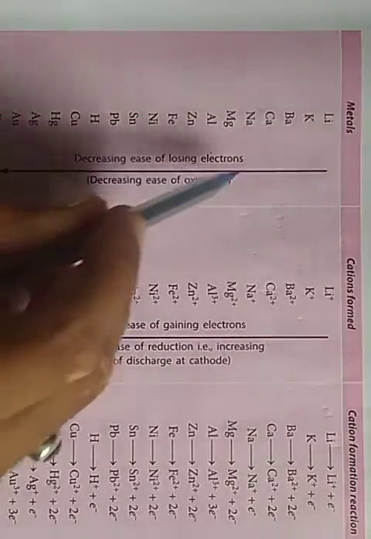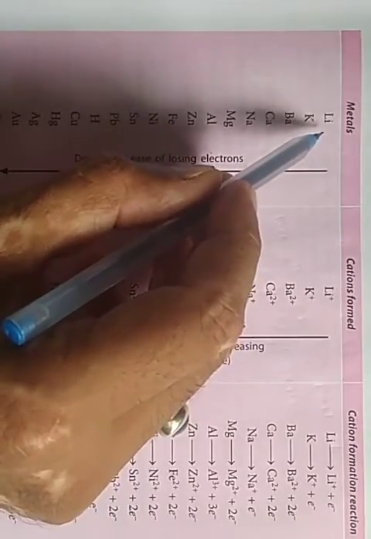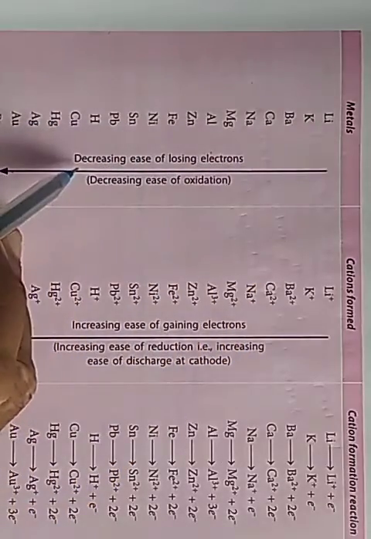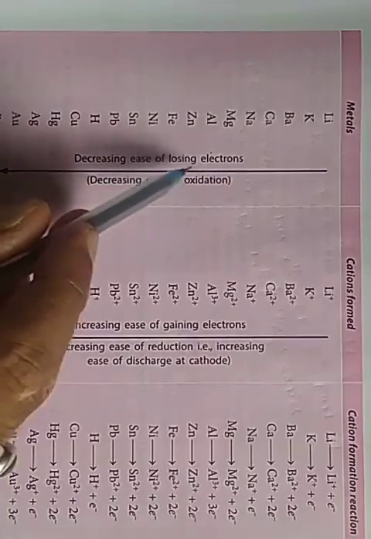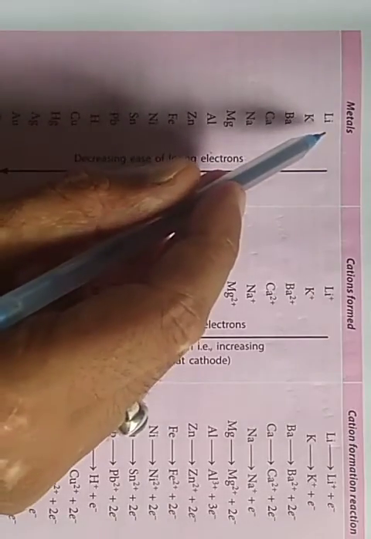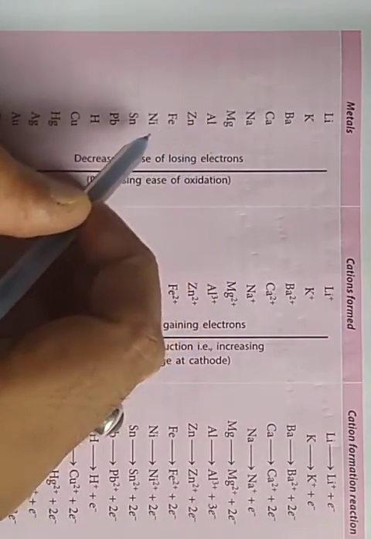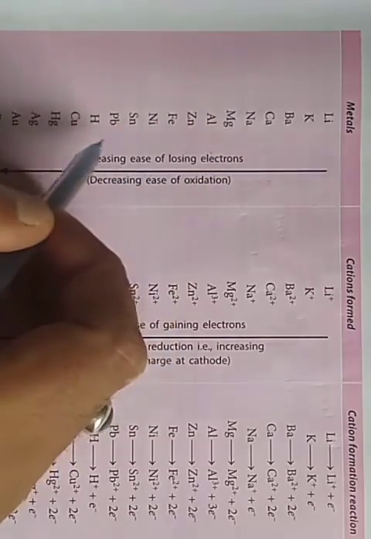So, moving from top to bottom in this series, there is a decreasing ease of losing electrons. The loss of electrons by the metals decreases.